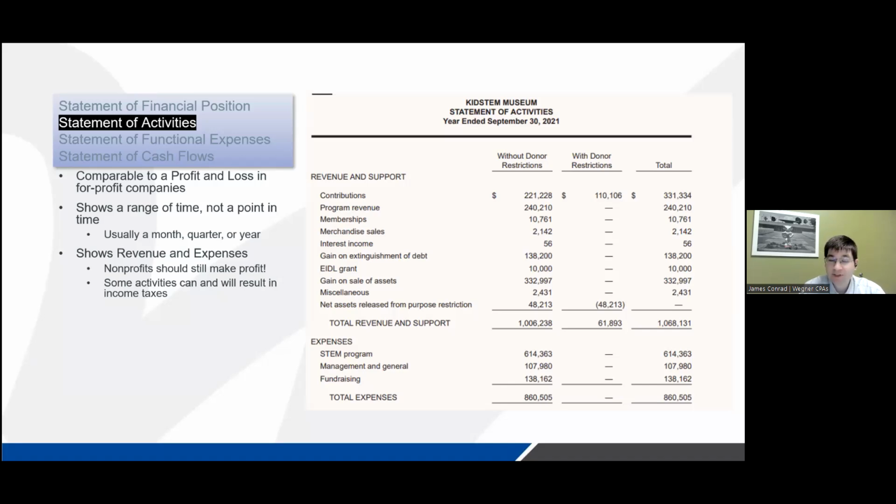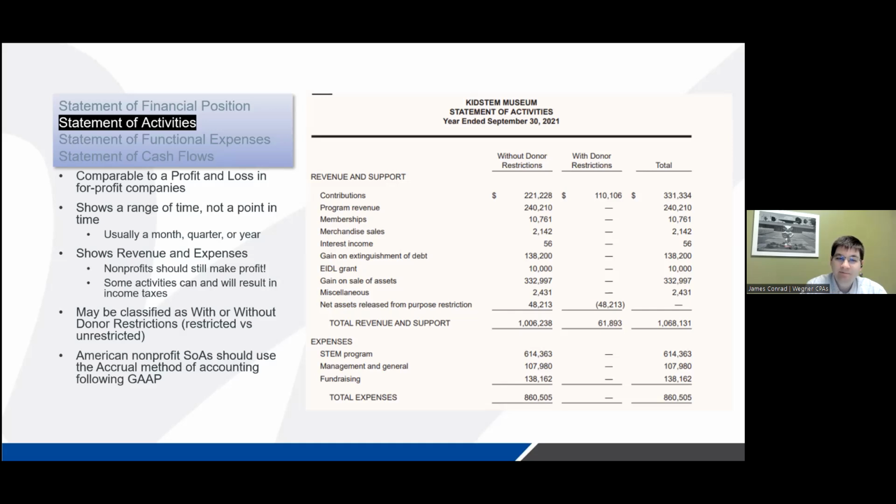But also important to know is that some activities can result in income tax. If you've heard of the unrelated business income tax, it's something to watch out for, and we're going to talk about examples of that coming up. So the activities on the statement of activities, the things that generate the revenue and expense, may be classified as with or without donor restrictions, or you'll also possibly see it restricted versus unrestricted.